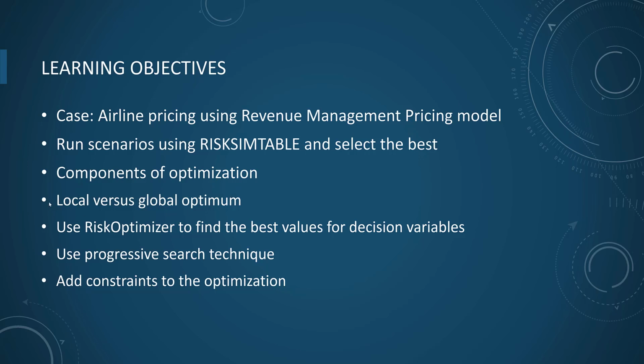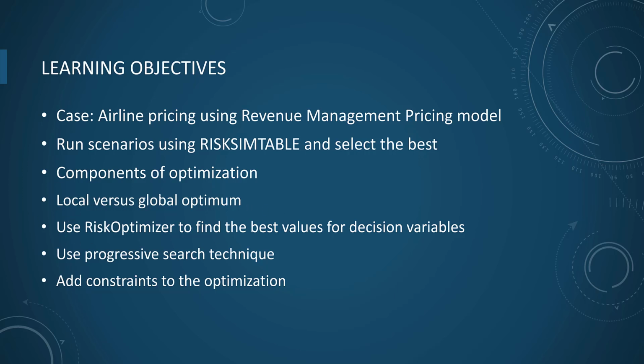and also local versus global optimum. So depending upon the nature of the function of the output variable, what you find may or may not be the best solution. It may be best in a local sense, but not best in the global sense. So we'll look at the concepts behind local versus global optimum.